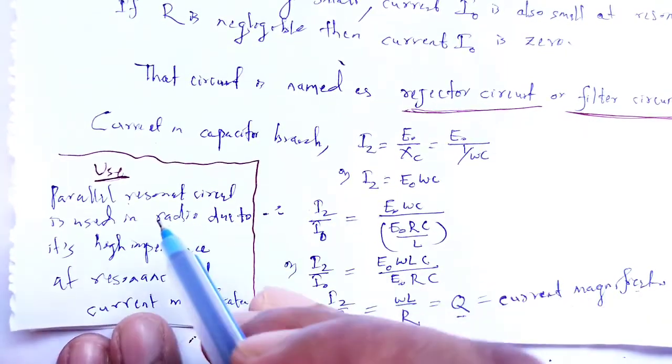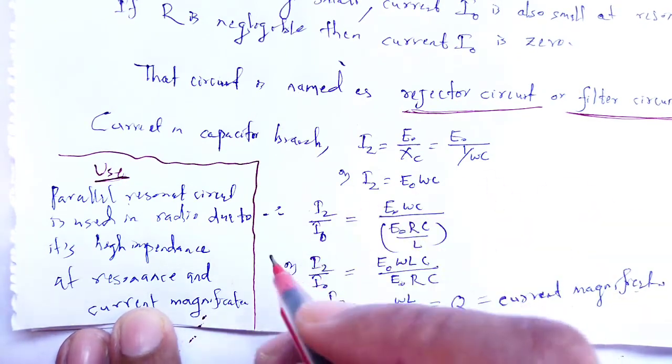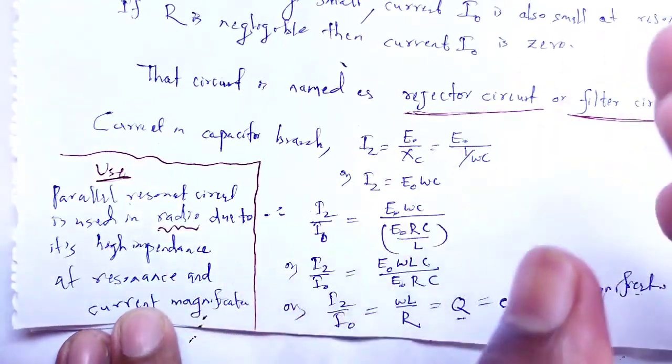That's why the parallel resonance circuit is used in case of radio.